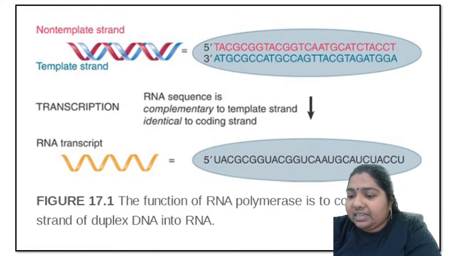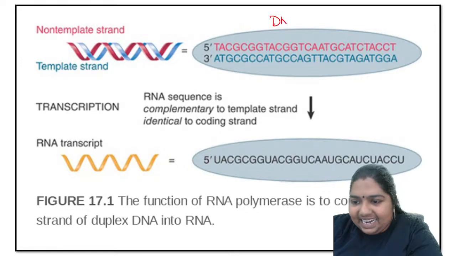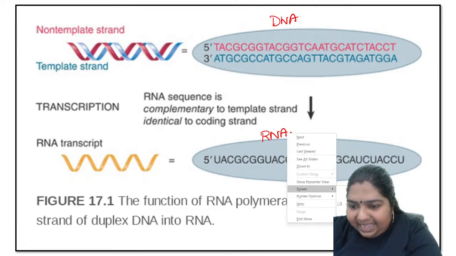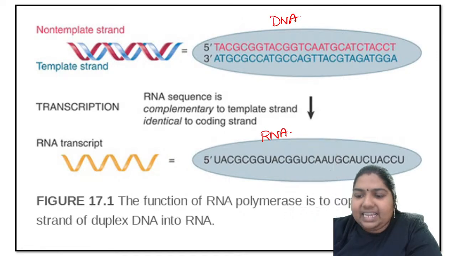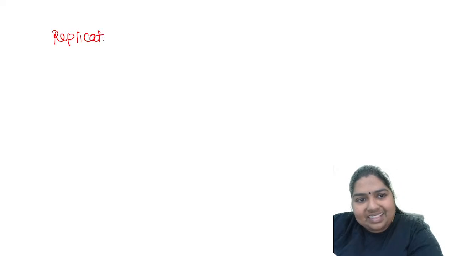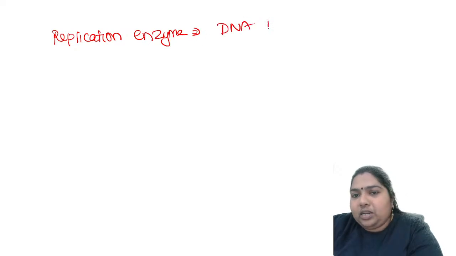So let's begin with our RNA polymerase. RNA polymerase is going to convert my DNA into RNA. The first point: in case of replication, what is the primary enzyme? The replication enzyme is going to be DNA polymerase.